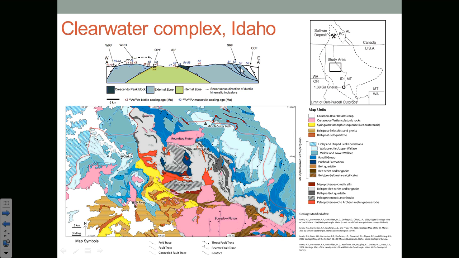But the mica argon cooling ages in this area are all Eocene in age. So within this sort of gray zone here, which is the Clearwater complex, the cooling ages are younger. When we move west into the strata, the Wallace Formation strata, we actually obtained a Proterozoic mica cooling age of 1380 million years.